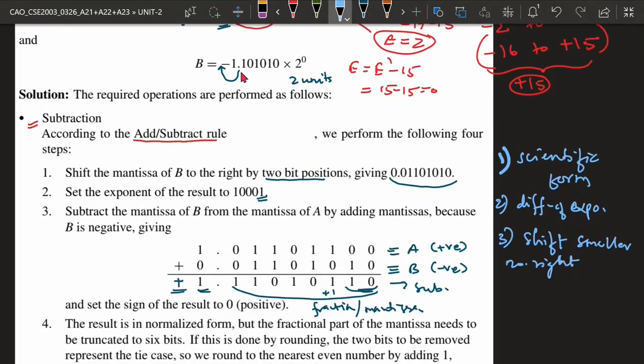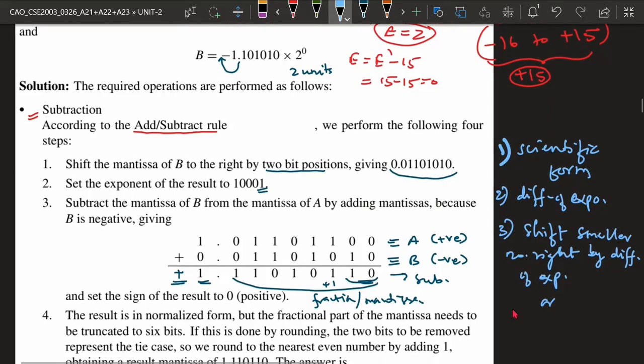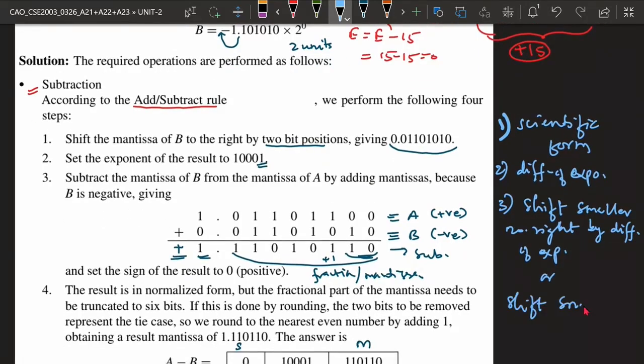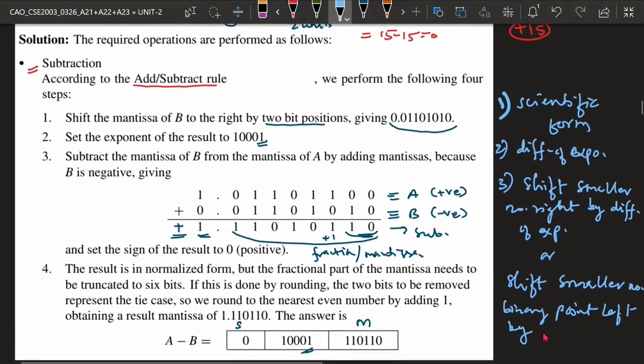The digits should be shifting to the right side, or the binary point should be shifting to the left side. Don't get confused with this. So shift the smaller number right by the difference of exponent, or you can write it as shift the binary point of the smaller number left by the difference of exponent.